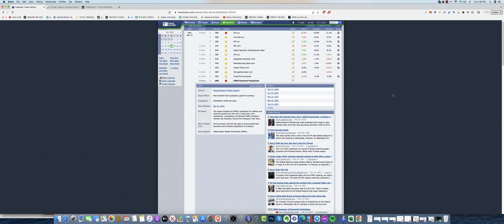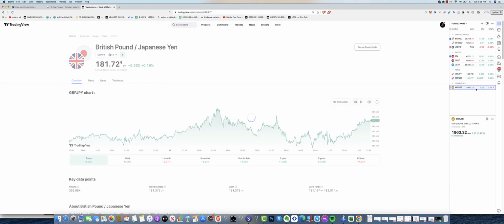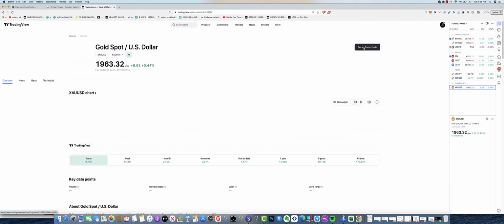So, FOMC projections tomorrow, we're looking for an increase. If we're looking for an increase in interest rates, we're going to see how gold is looking right now on the charts.